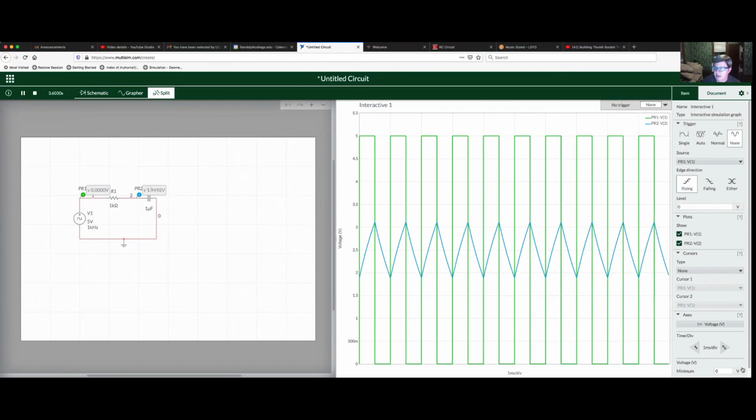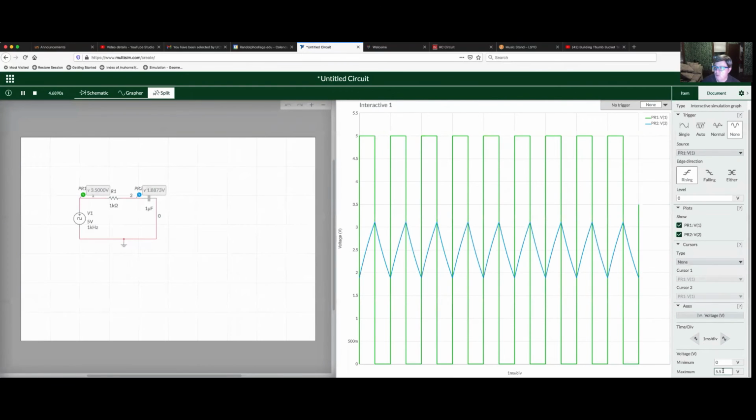And if you look down here at the minimum and maximum voltage, you want it to be like 0 to like 5.5 because the maximum voltage here is 5 volts. So you may not have it set up that way. So make sure that when you turn it on, if you have a problem seeing it, you change this. I also have the trigger on none. I like it that way. It just seems easier to me to deal with. Okay.